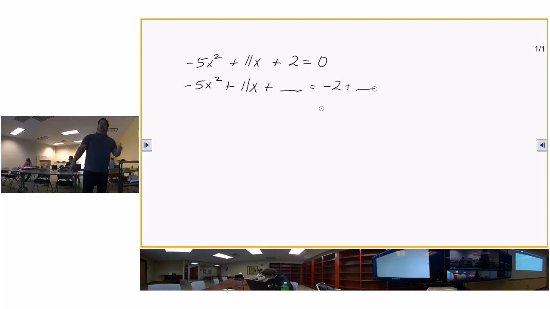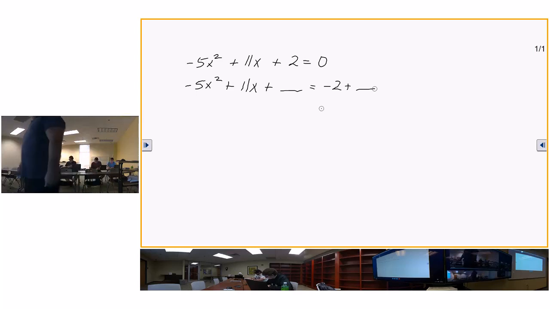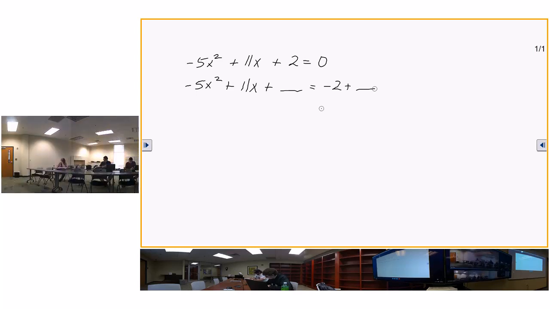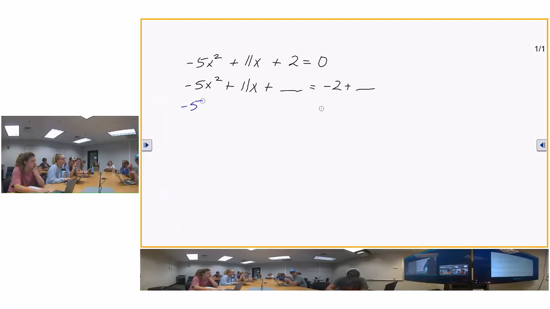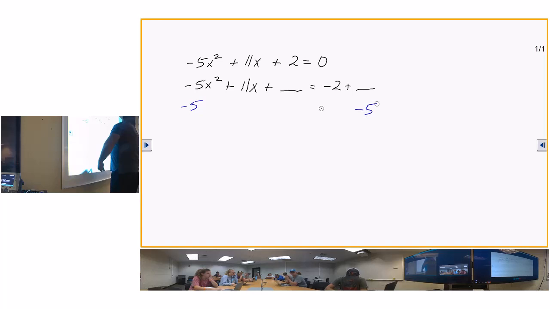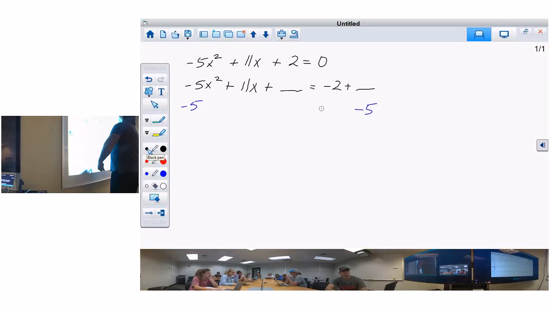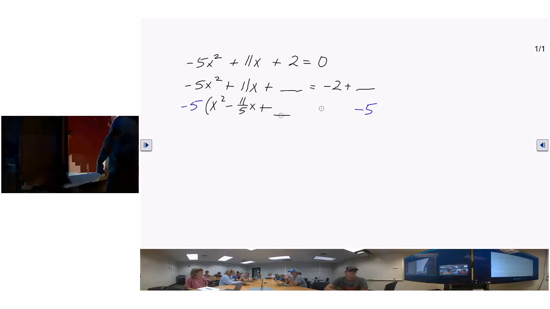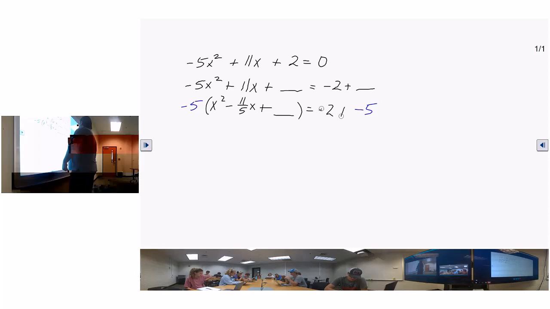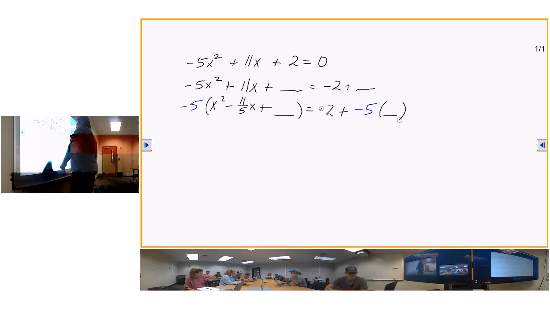All right. So, what do we factor out? We factor out a -5. And that means we're going to multiply over here by -5. That's going to give us x² - 11/5 x + blank = -2/5 + blank.